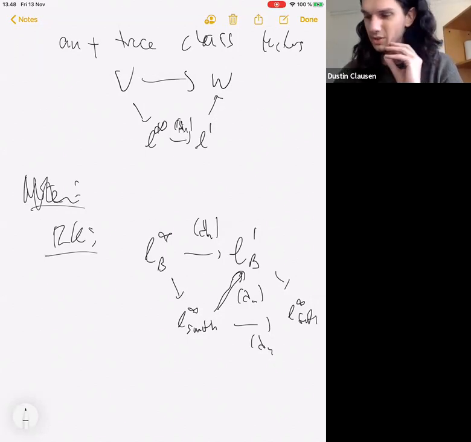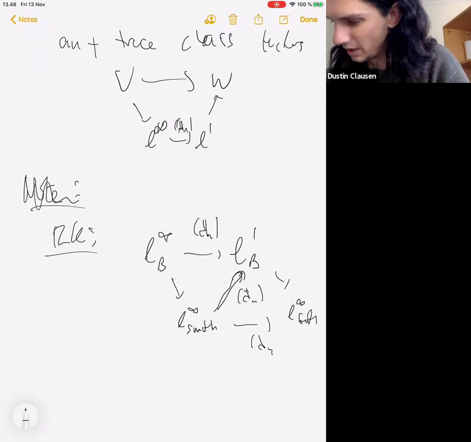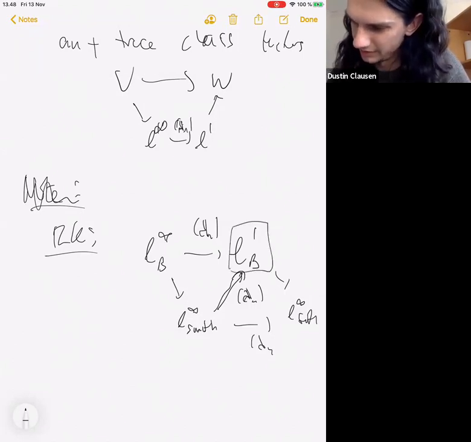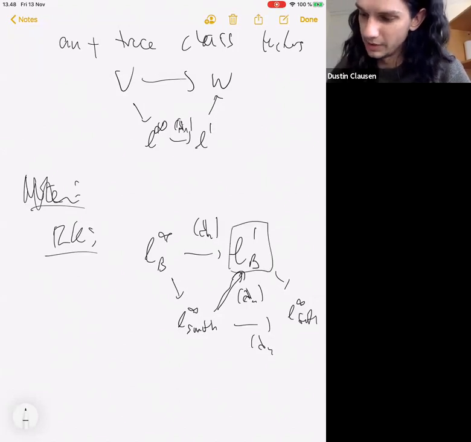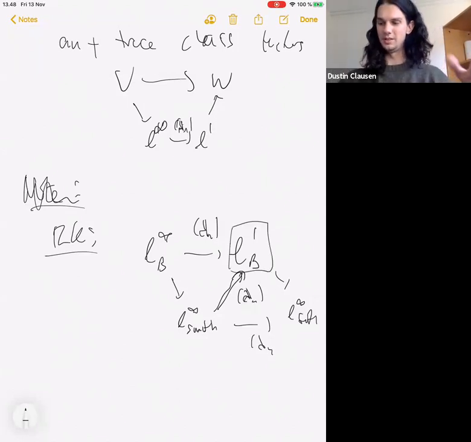But you can see it more explicitly as well. What is the image of this thing? It's the collection of sequences in L1, which are L1 for some uniform reason. There's a fixed L1 sequence which bounds all of the things in your subset.